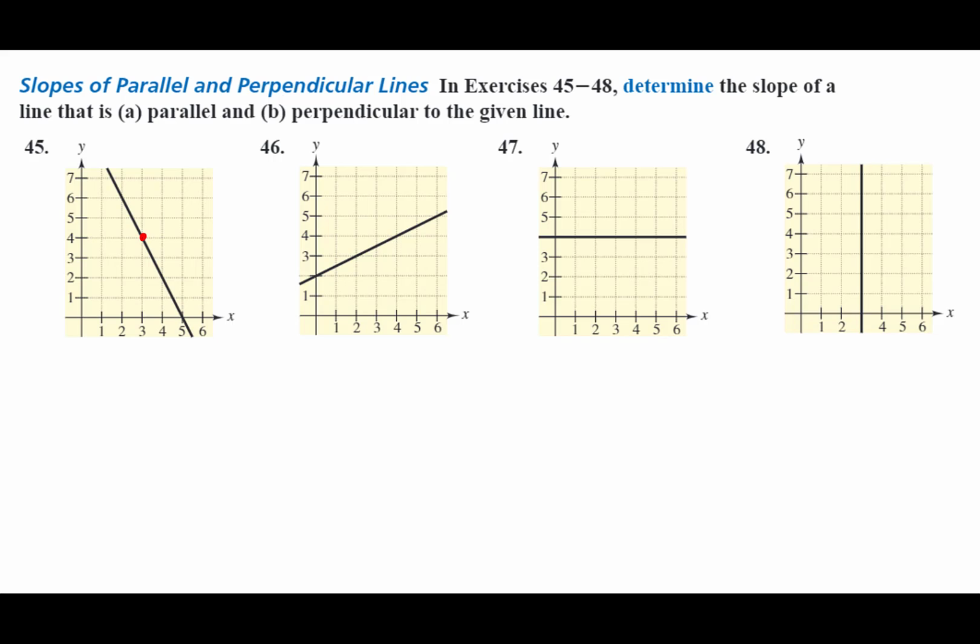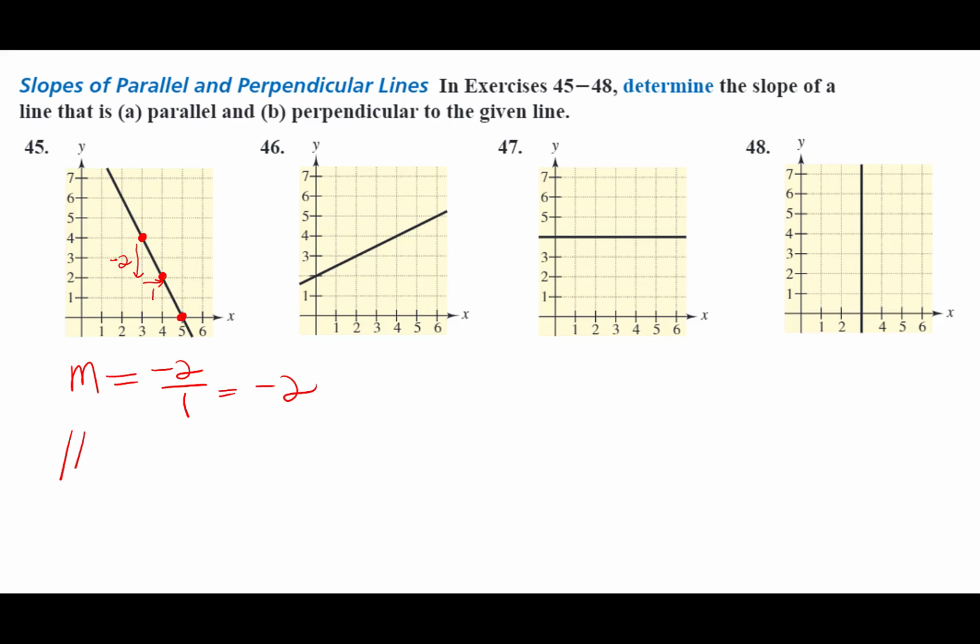So for example, this ordered pair, and here's an ordered pair, and here's an ordered pair. And so from here, we're going to read this graph left to right. Do you see that if you go down 2, which we represent as a negative 2, and over 1, we get to the next dot on the grid, and then we can go down 2 again and over 1. And so the slope of the given line is negative 2/1, which is negative 2.